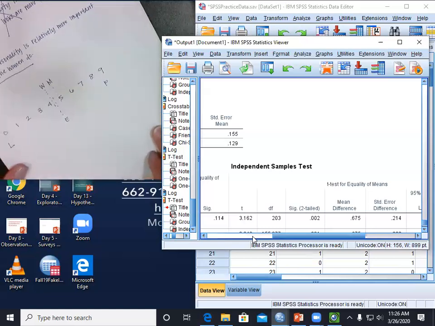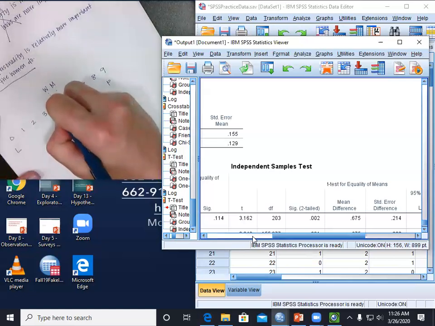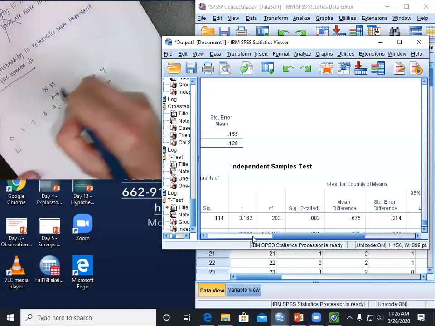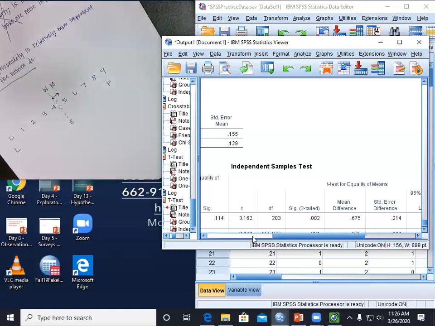And what this independent samples t-test is doing is asking, are these two means different? Is this difference, this space between the women and the men, significant? Can error explain all of that difference between the men and the women or not?